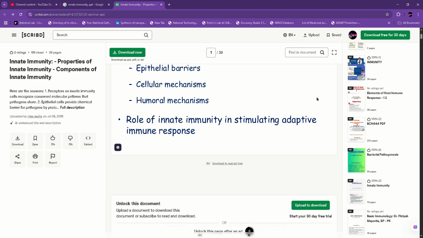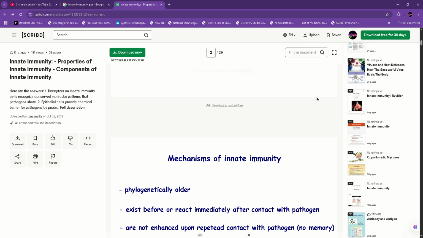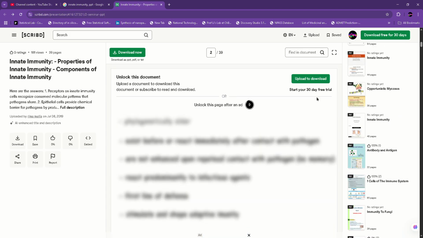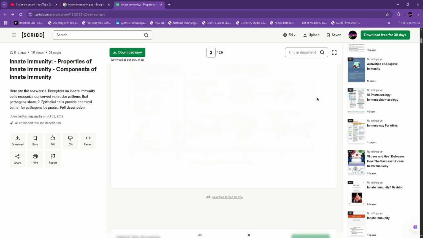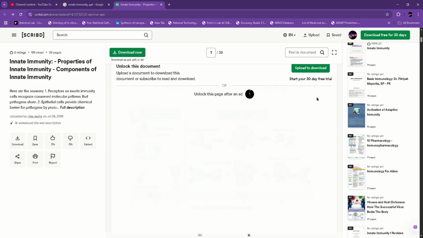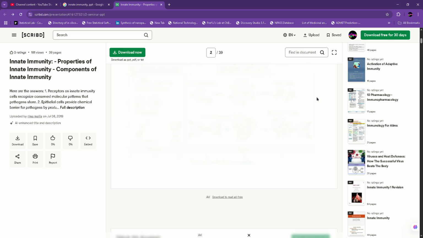So the first one is the mechanism of innate immunity, and then we'll discuss.